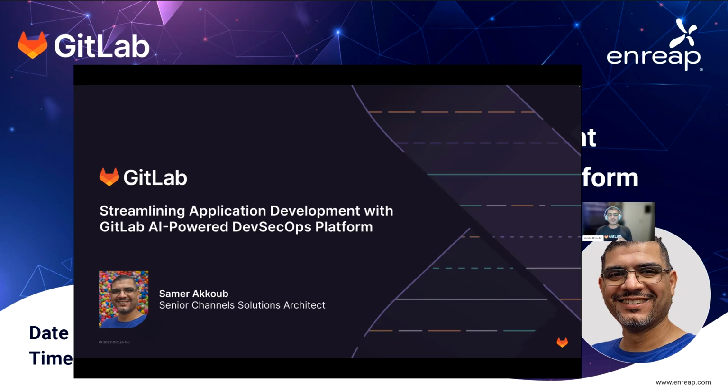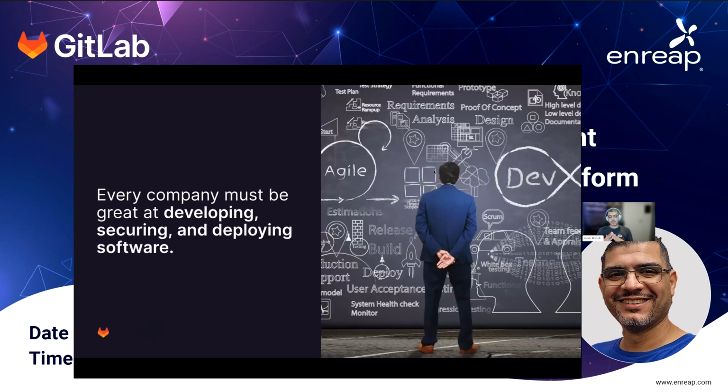So in our session today, we will go through streamlining application development with GitLab AI DevSecOps. And before I even jump into the GitLab part, let's go on a bit of history.